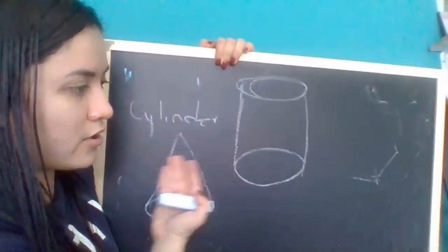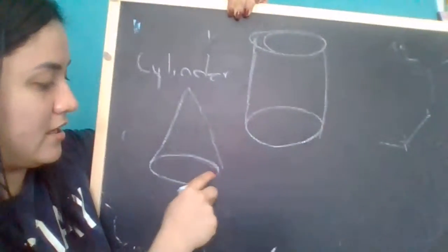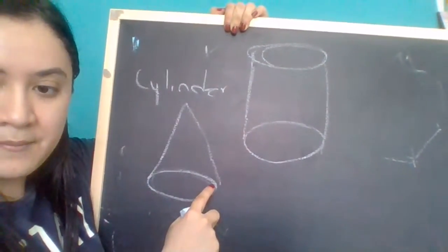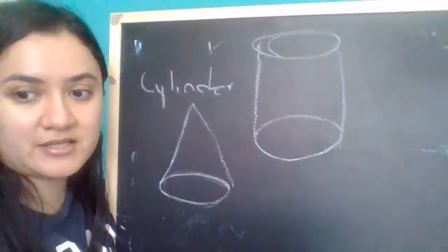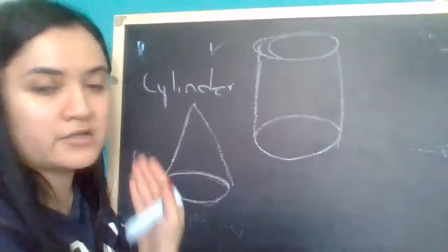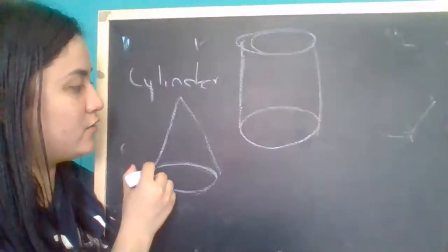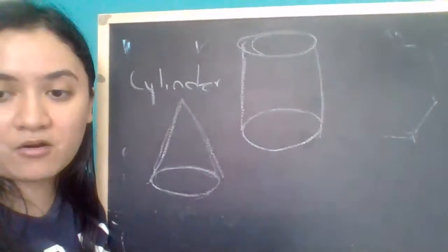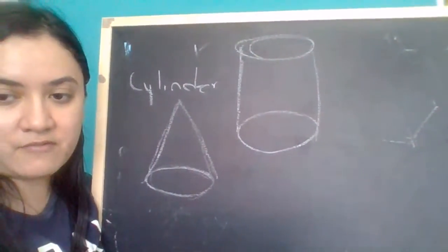It's going to be curved, right? Like the little hat that you use for your birthday, it doesn't have edges and vertices. It is a curved surface because it goes round all, right? Even though it looks like a triangle, it has a curved surface, right?